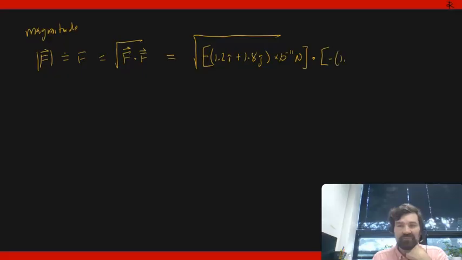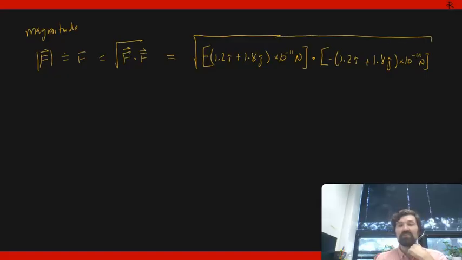Now the times 10 to the minus 11 newtons can just be pulled straight out of the square root.